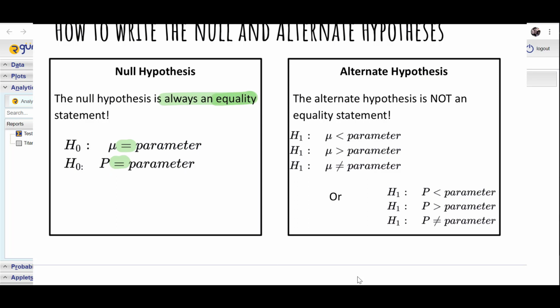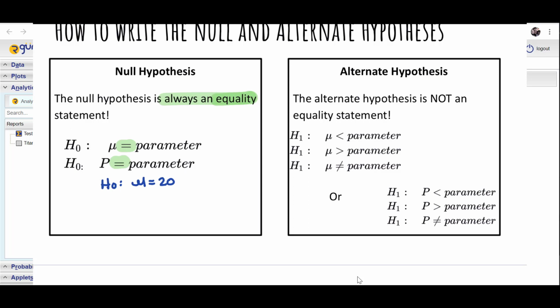And so you'll make a statement about what you're assuming is true. So think about the cereal box problem. For that one, we were testing a mean, or we were doing a confidence interval for a mean. But if we were going to do a hypothesis test, we start with the mean, and the assumption is that the mean weight of the cereal is equal to 20, because that's what the box says.